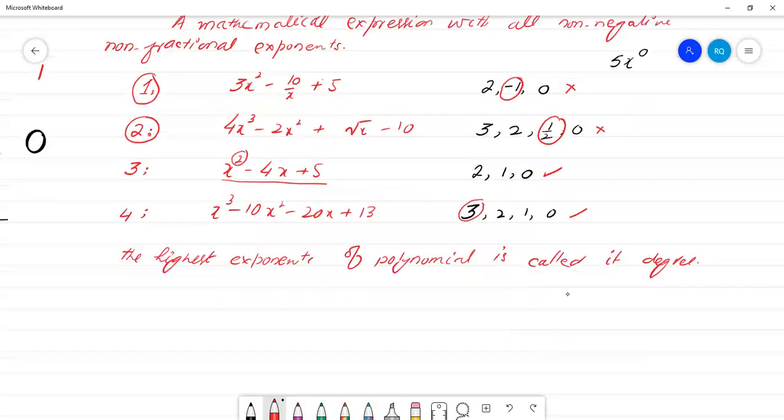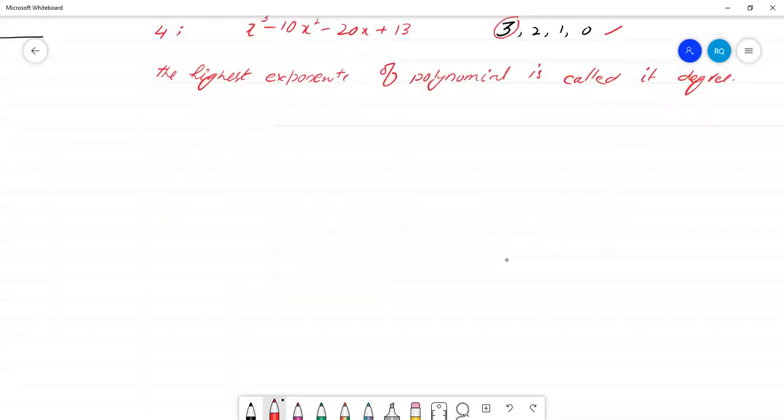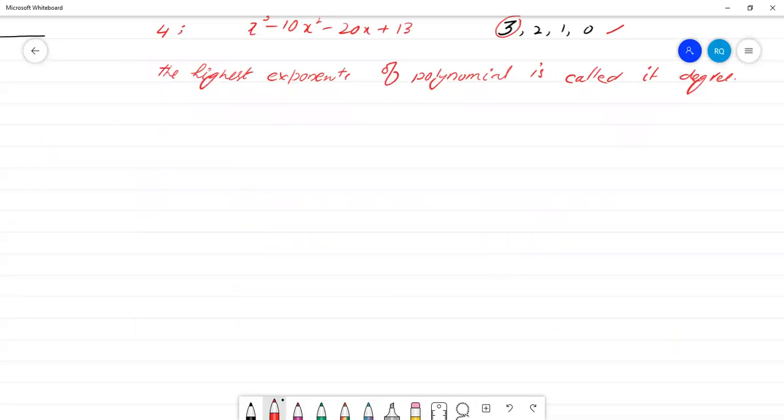Now we have the very first concept, that is called division of polynomials. Just for 2 minutes, I will explain the basic knowledge for this concept.